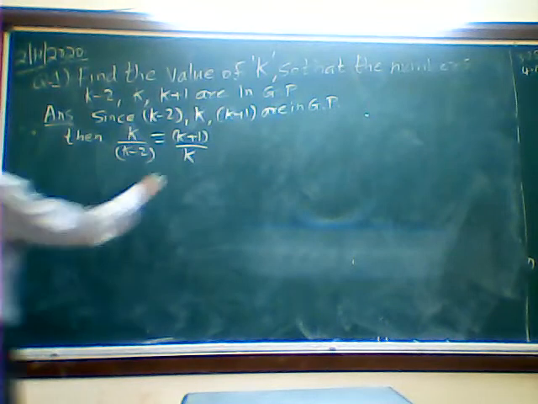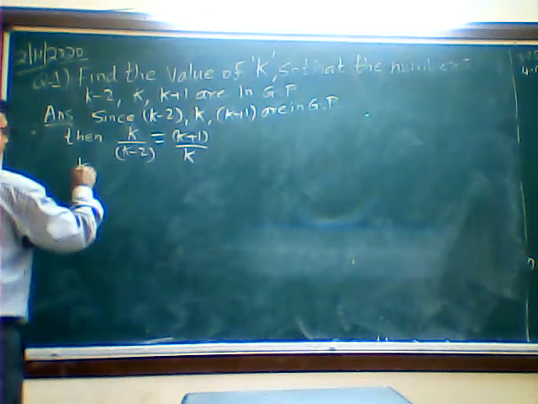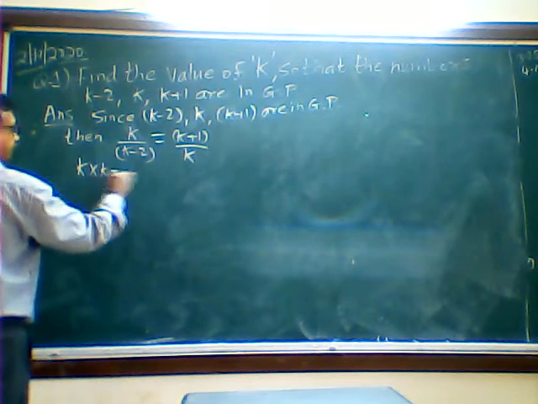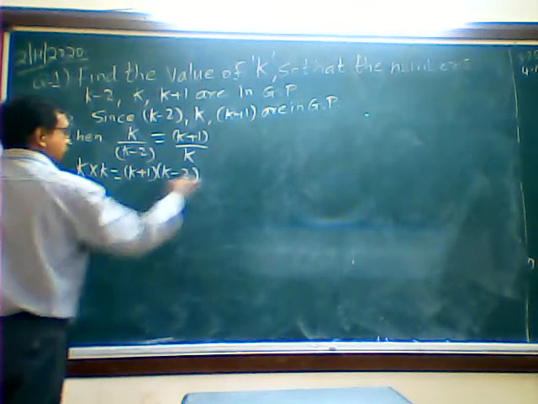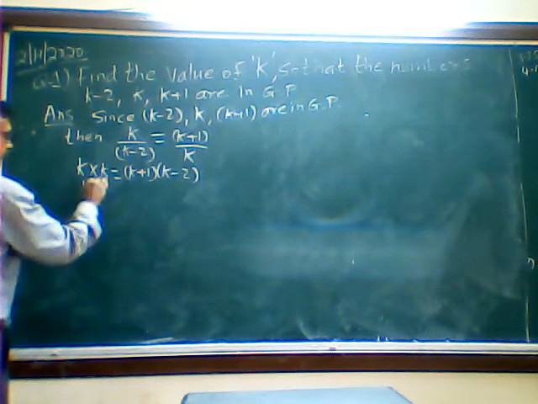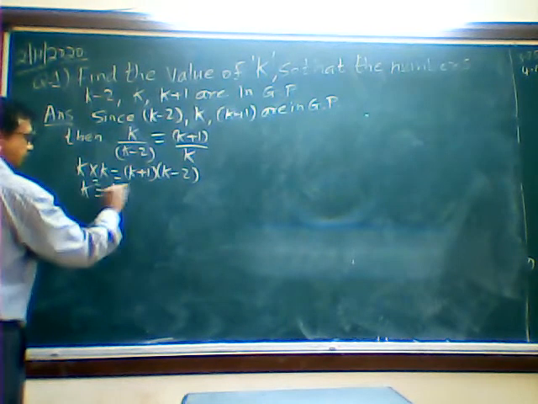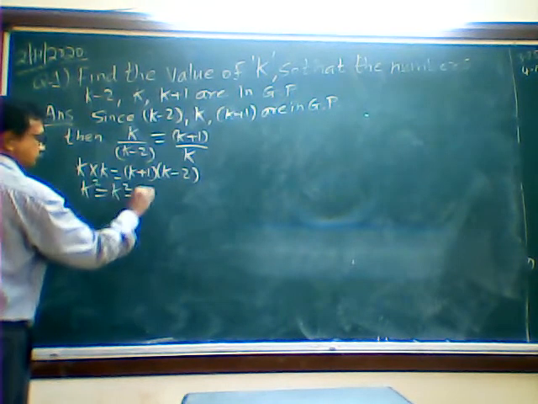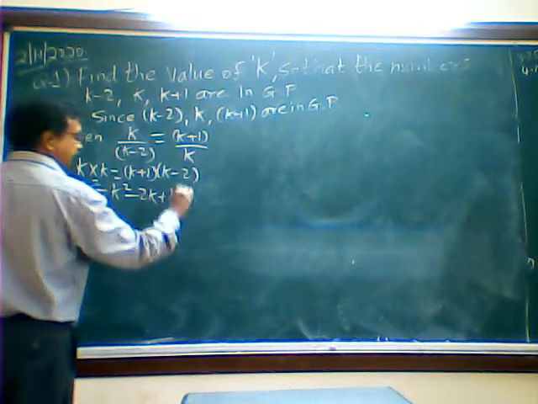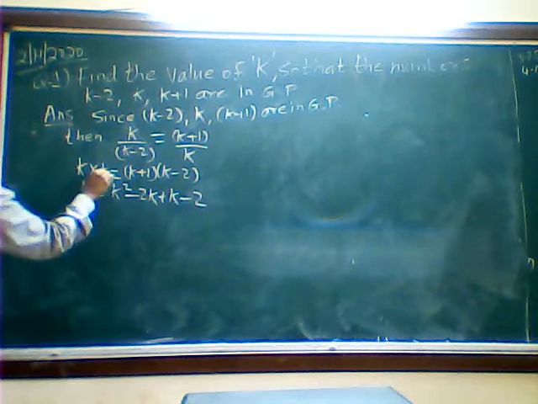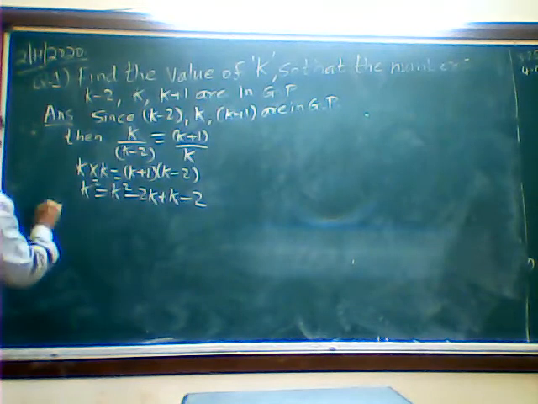Now we cross multiply: k into k is k square, and here k plus 1 into k minus 2. So k into k is k square, k into minus 2 is minus 2k, 1 into k is plus k, 1 into minus 2 is minus 2.